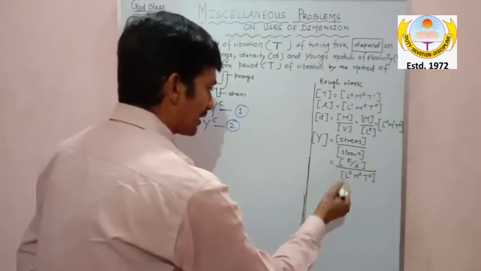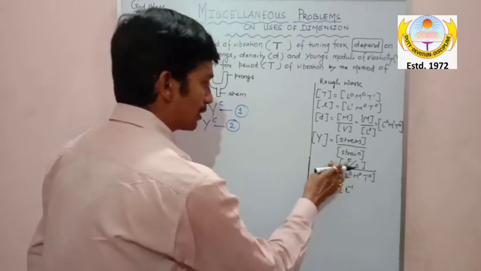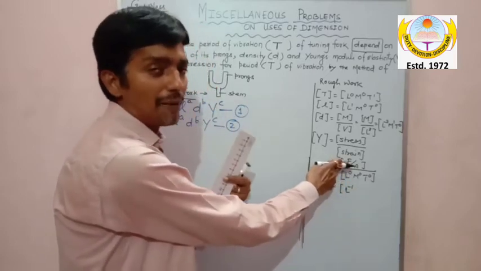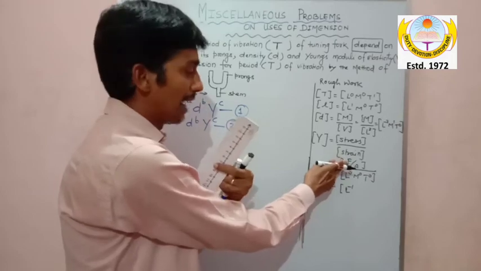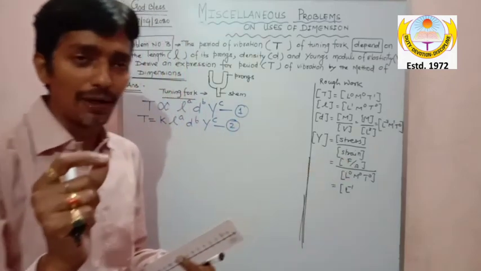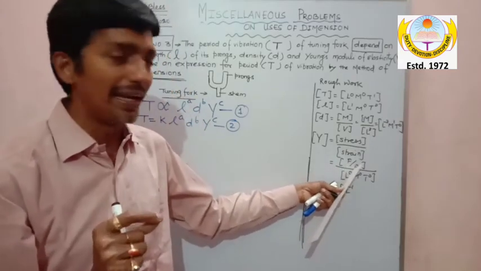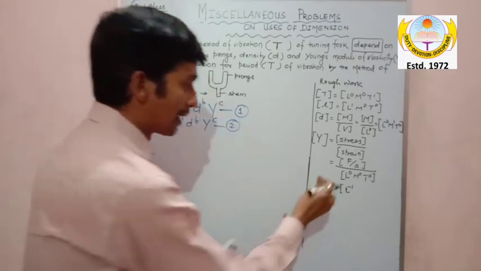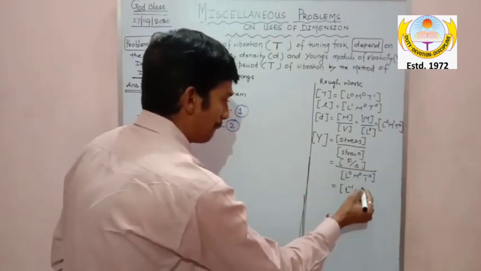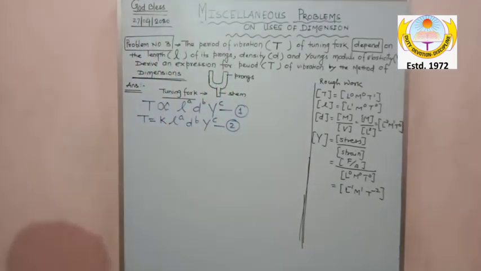If I solve this, I will get L power minus 1, because you can see the dimension of F is L power 1, M power 1, T power minus 2. Carefully, the dimension of F is L power 1, M power 1, T power minus 2. In the denominator there is area, that is L power 2. So L power 2 will go up and become L power minus 1, M power 1, T power minus 2. I hope it is clear, my dear.